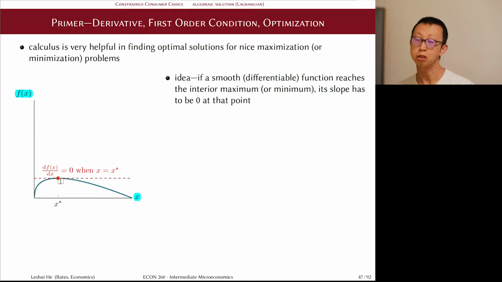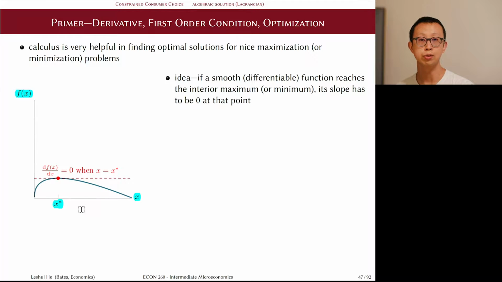It initially increases, and then peaks at this particular point of x star, and then decreases afterwards. The function has a very clear maximum. Let's call the special value of x that leads to the maximum of this function x star.